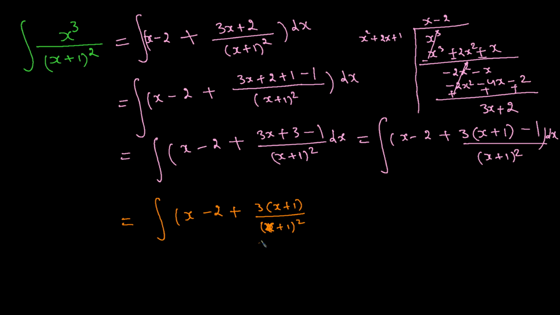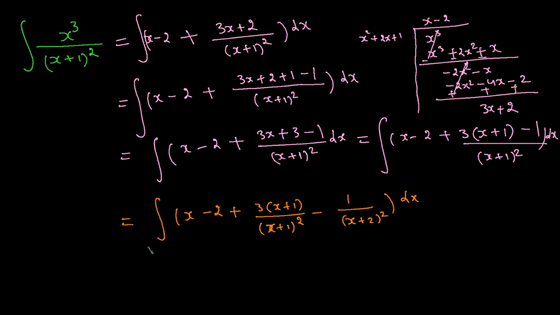This is x, oh my god, how many times am I gonna make it look like an x. There you go. And then minus 1 over x plus 1 squared.